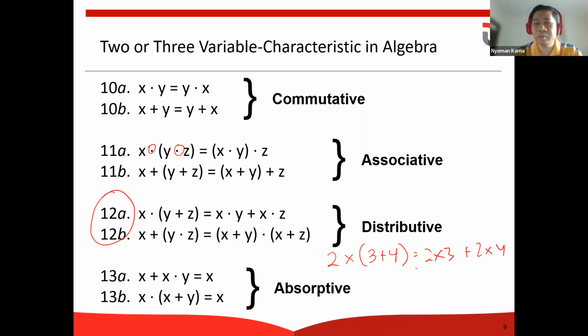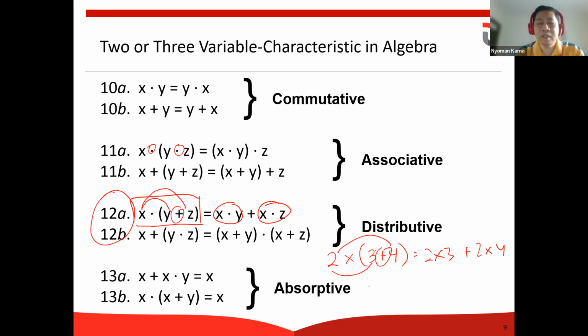But in Boolean algebra, the same thing happens. For example, x times y plus z is just the same thing as x times y plus x times z. So it's just like 2 times 3 plus 2 times 4.